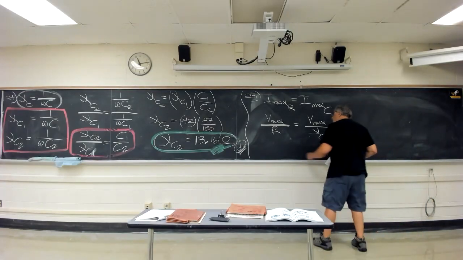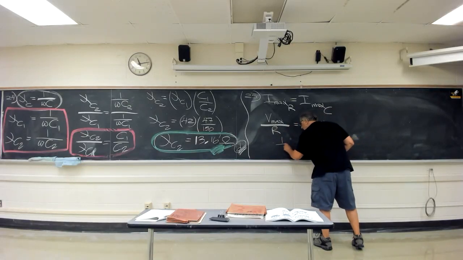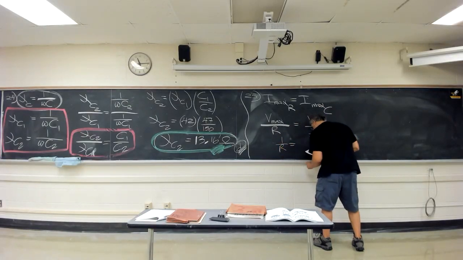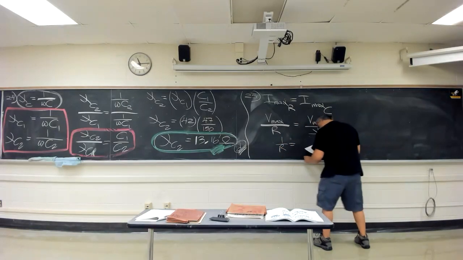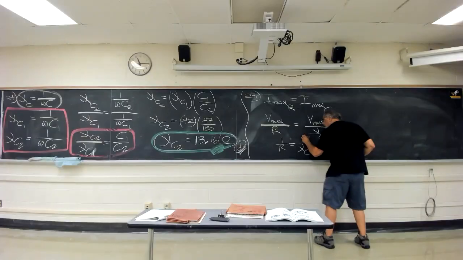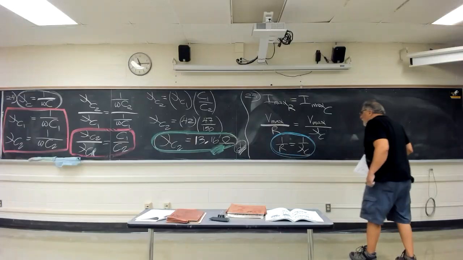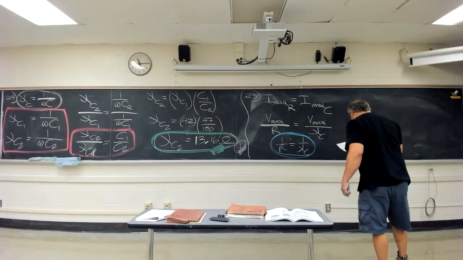Whatever the Vmax is, Vmax equals Vmax. Divide by Vmax on each side, you got this. The hardest part of the whole thing right there, guys, basically. 1 over R equals 1 over XC.